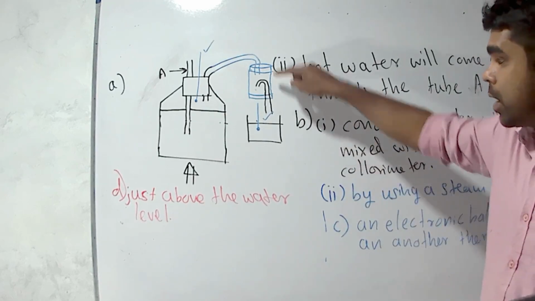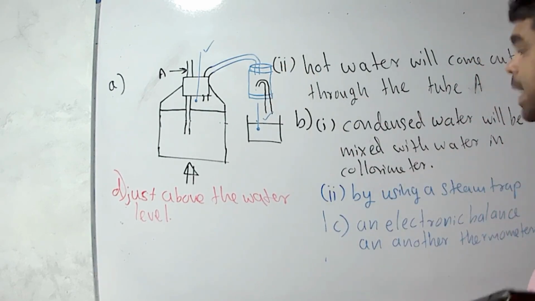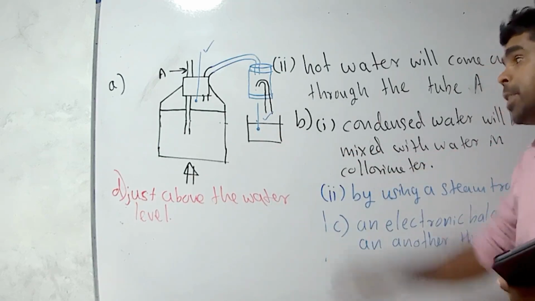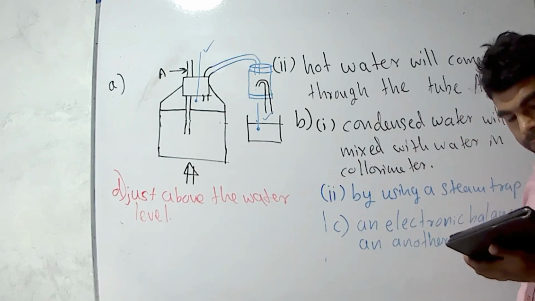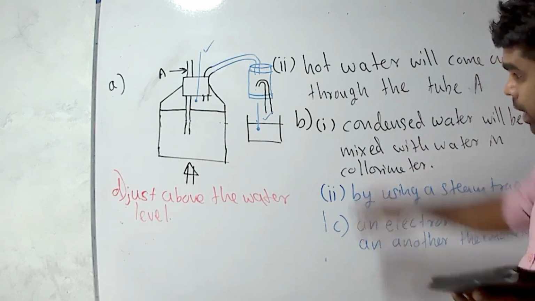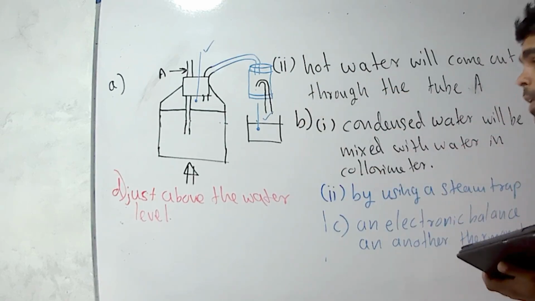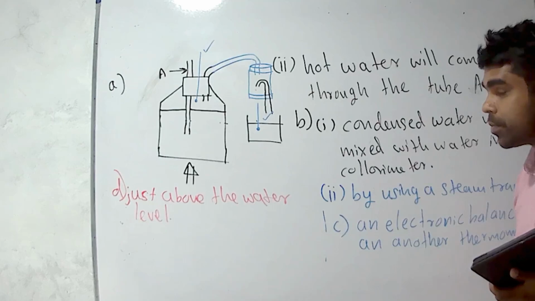The vapor will condense before mixing. And if the end of the tube is below the water level, we can see the same thing. The water vapor will condense before mixing.